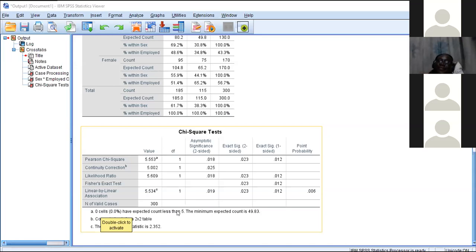So you are able to know the percentage of cells with expected value less than 5. Once it's more than 20%, you know it's not valid. Then the second condition: the minimum expected value. It quotes the minimum expected value for you, so you can know if it is less than 1. Is it logical now? Even the SPSS people put it there.